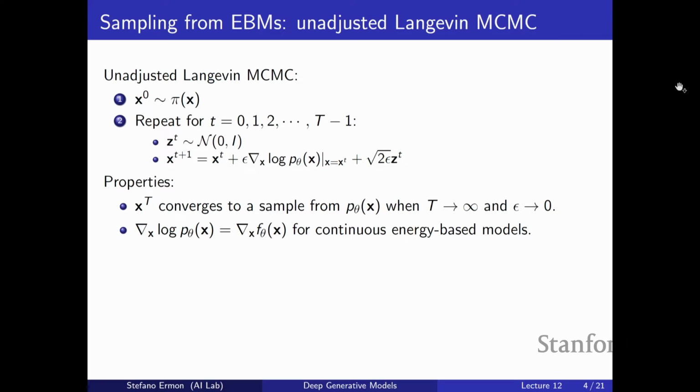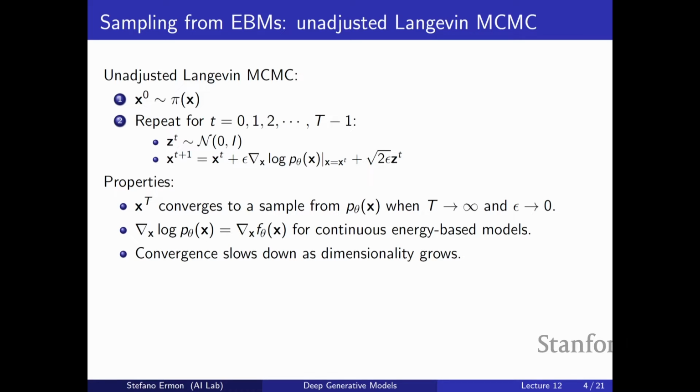So all x's have the same partition function. When you take the gradient with respect to x, you just get the gradient of the energy of the neural network. So computing the gradient of the log likelihood is actually easy, even when you have an energy-based model. And so this kind of sampling procedure is very suitable for EBMs.